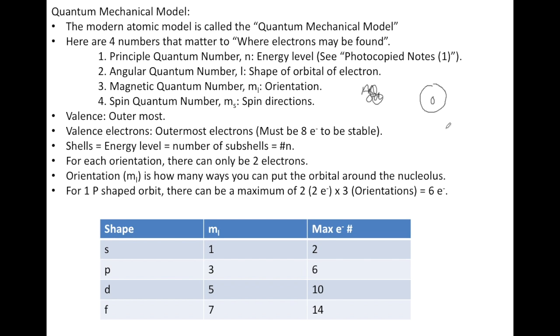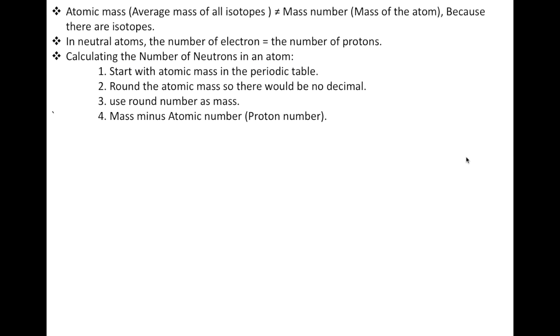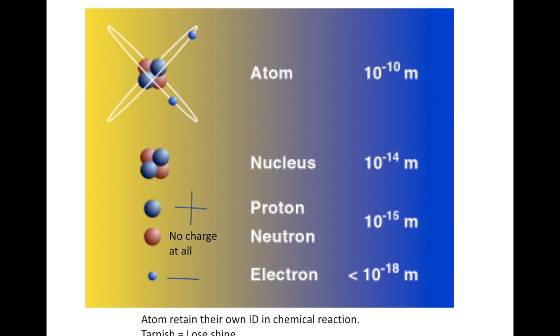But for an orbital like, for example, p, this is the nucleus. A p orbital can be put this way, or it can be put this way. We call it orientations because, oops, I accidentally pressed something.